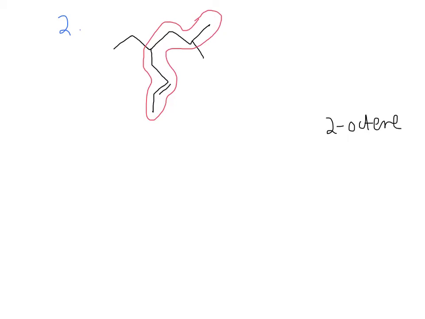And once that's established, then the numbering is 1, 2, 3, 4, 5 ethyl, and 7 methyl octene.